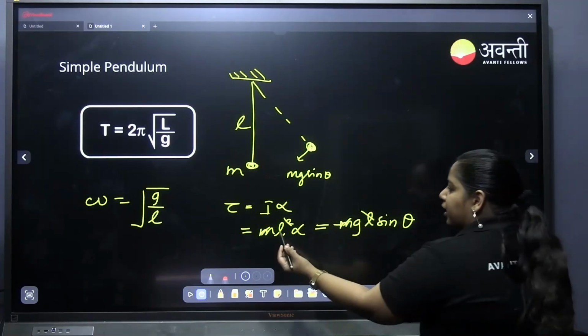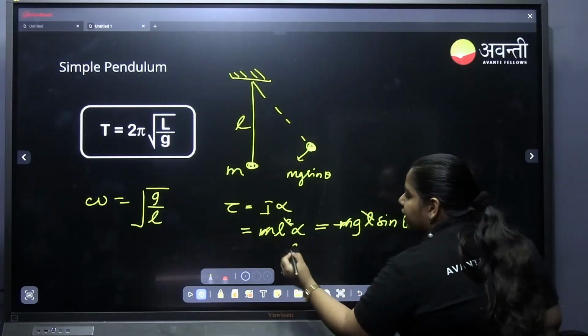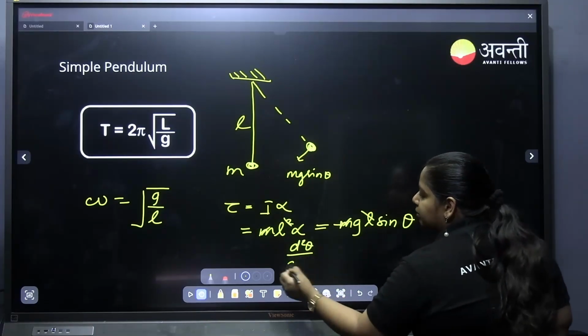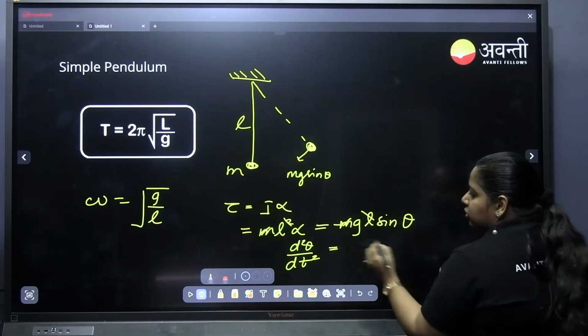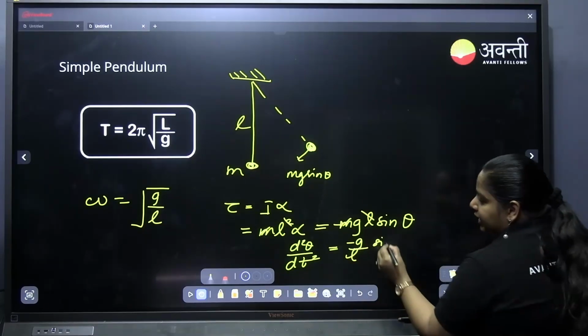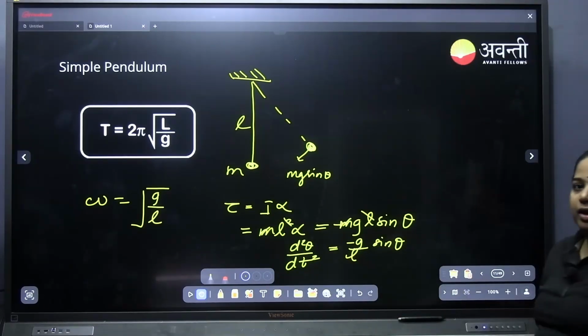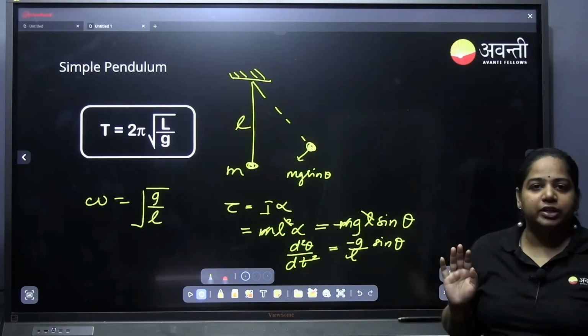Now what do we have? In this, m cancels, L square cancels. L alpha we have, alpha equal to d square theta by dt square. I bring L to this side, so you will have minus g by L sin theta. But it is not exactly the SHM equation, right?